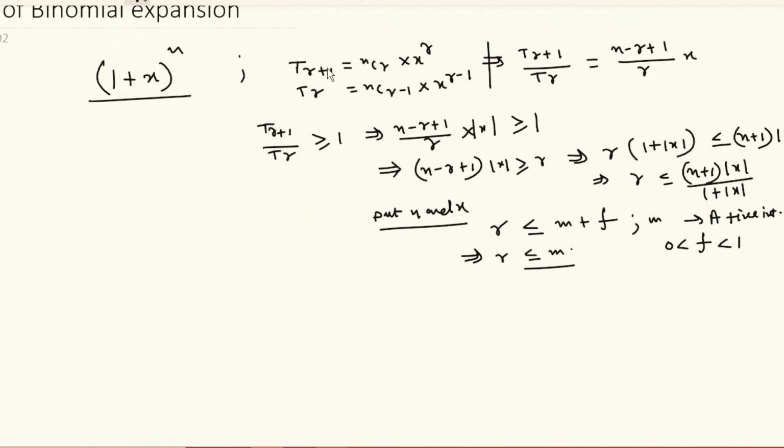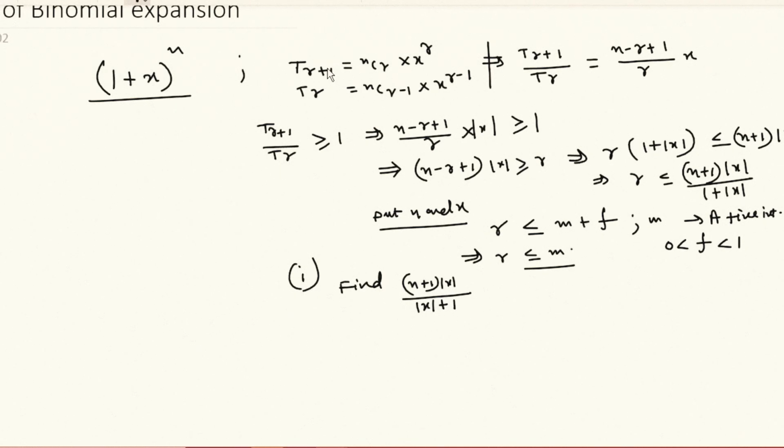So your step number 1 is to calculate this thing first. Find the value of (n plus 1) mod x by (mod x plus 1). To find the greatest term, we will follow this procedure.